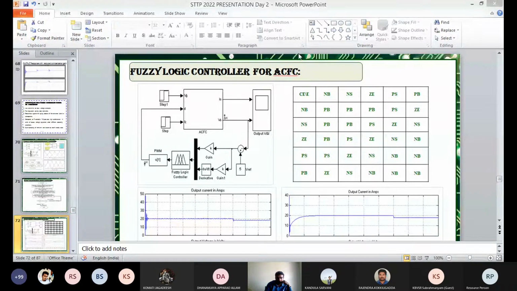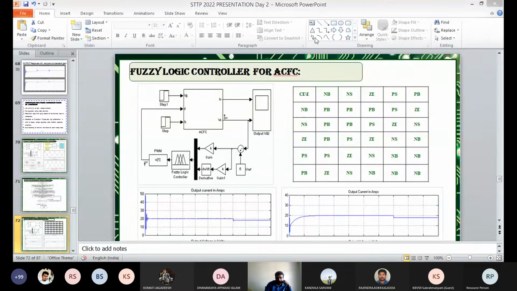If both are zero error, you need to set zero error. If both are negative big, you need to set positive big. The other case we can also observe: if the error signal is positive big and the changing error is also positive big. Let us assume you are expecting 50 kilometers per hour, but you are running at 60 kilometers per hour.